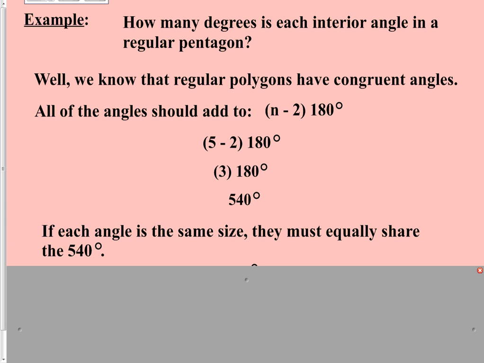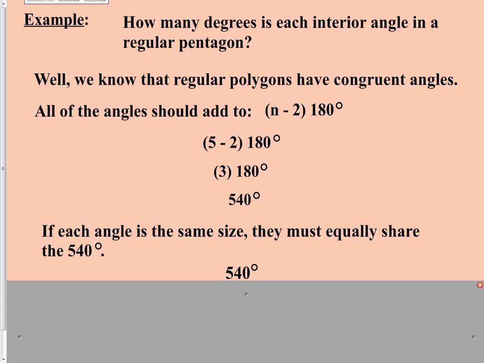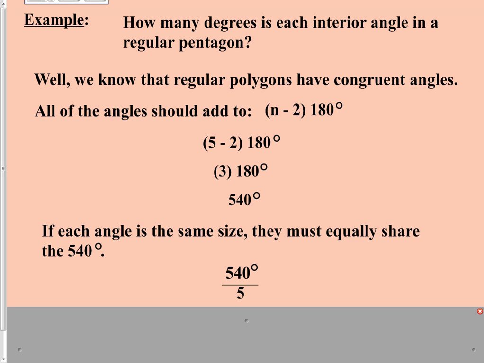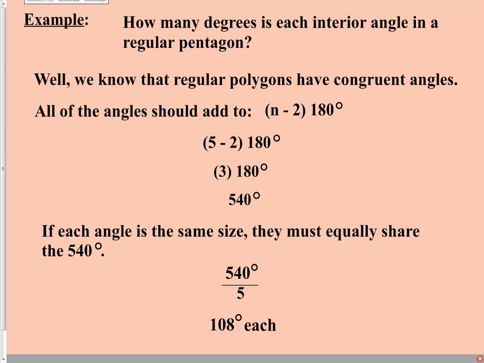We've already said that each angle inside of a regular polygon is going to be the same size, so they must equally share that 540 degrees. We take 540 and share it equally with 5 different angles. That's a division problem. 540 divided by 5 is 108 degrees each.